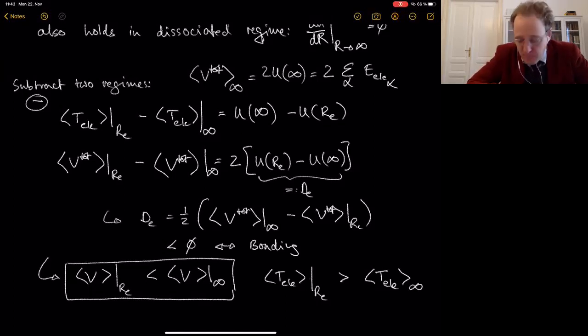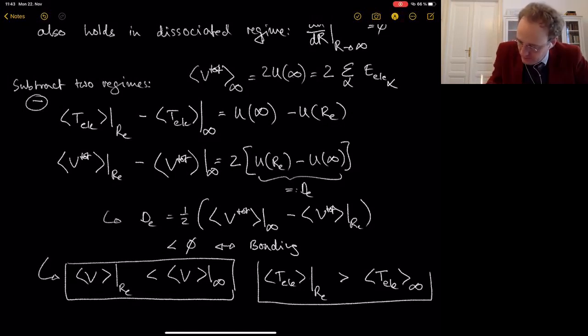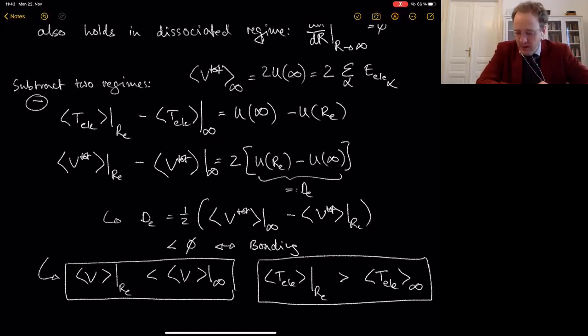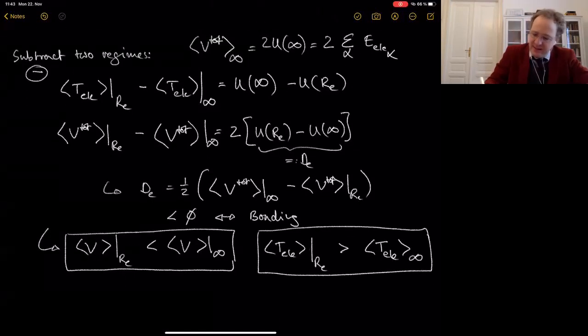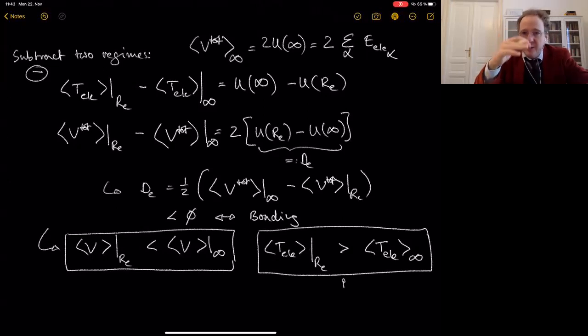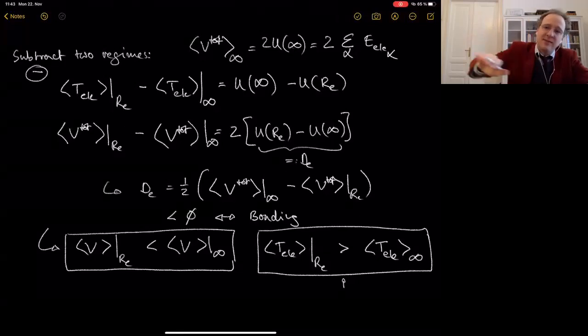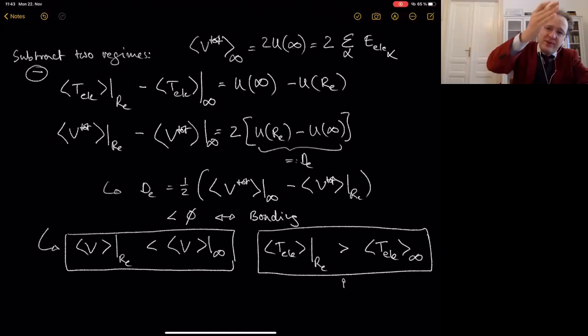Okay. So this you can rationalize, right? The kinetic energy has something to do with the curvature of your electron density, right? And we discussed the electron density in a bond, right?